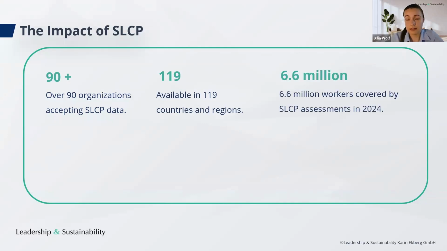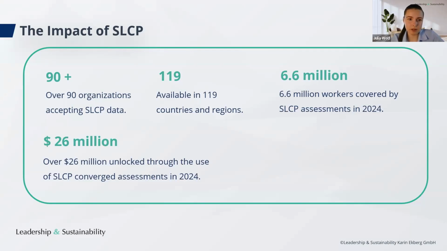They calculated that SLCP assessments in 2024 covered around 6.6 million workers, which is a huge number in my opinion. On the financial side, over $26 million have been unlocked through the use of SLCP converged assessments in 2024. That was the money that could be saved due to the SLCP program.